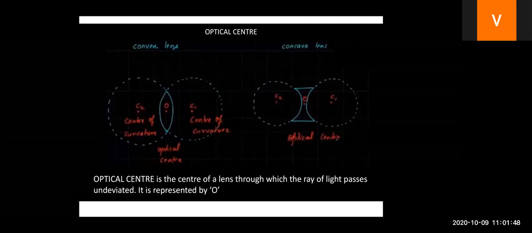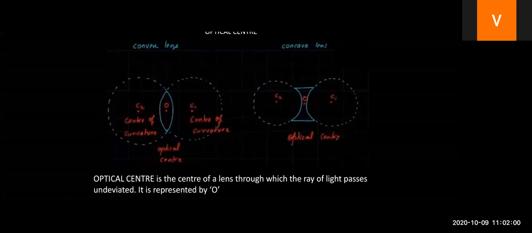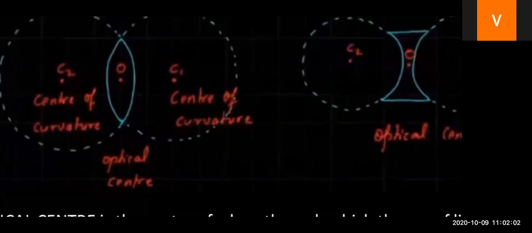Now our next term is the optical center, right? As the word says, it is the center of the lens. What is the optical center? The optical center is the center of the lens from which the light ray passes undeviated, meaning no refraction of light takes place.